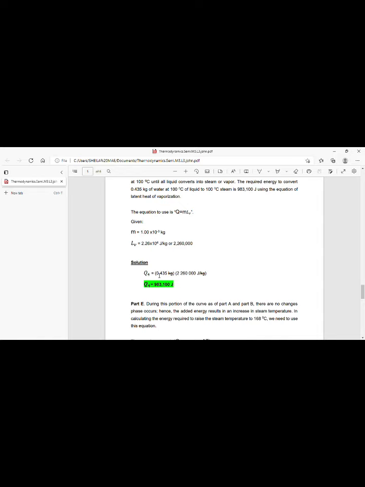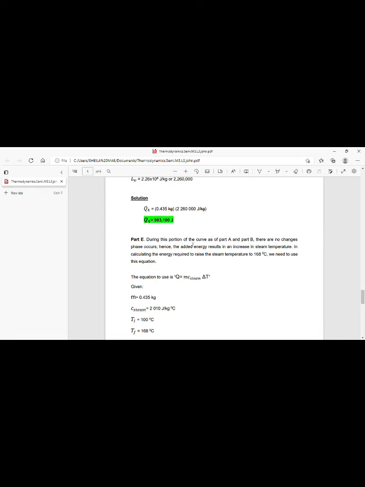Q is equal to 0.435 kilogram, which is our mass, times 2,260,000 joules per kilogram, which is the latent heat of evaporation. We are going to multiply it, and the answer is 983,100 joules. Okay, cancel out the unit, remain only the joules for our unit in our heat energy. Let's proceed to part E.